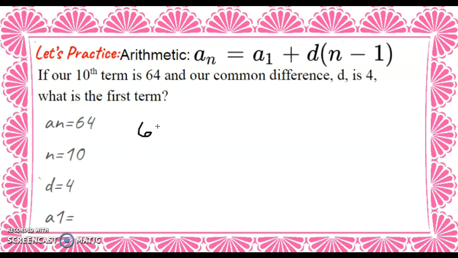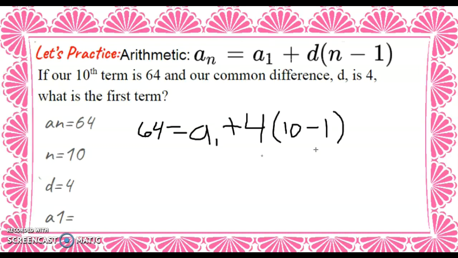So we have 64 equals A of 1, which we don't know, plus 4 times 10 minus 1. 64 came from the A of n. We were looking for the first term, A1. The common difference is plus 4, and our number of terms is 10.